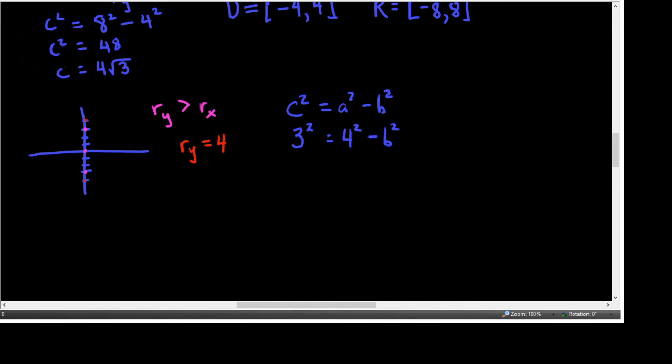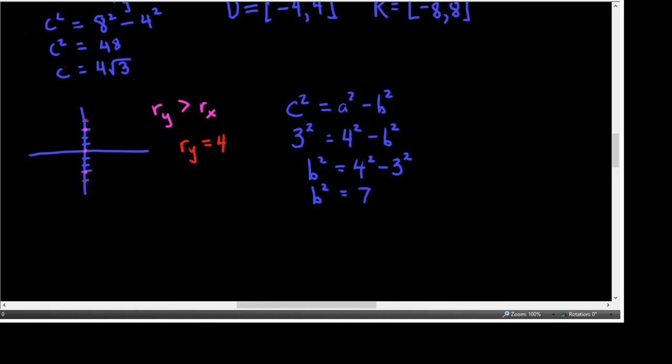And then if I add b squared to both sides and subtract 3 squared from both sides, I have solved for b squared. And 16 minus 9 is 7.